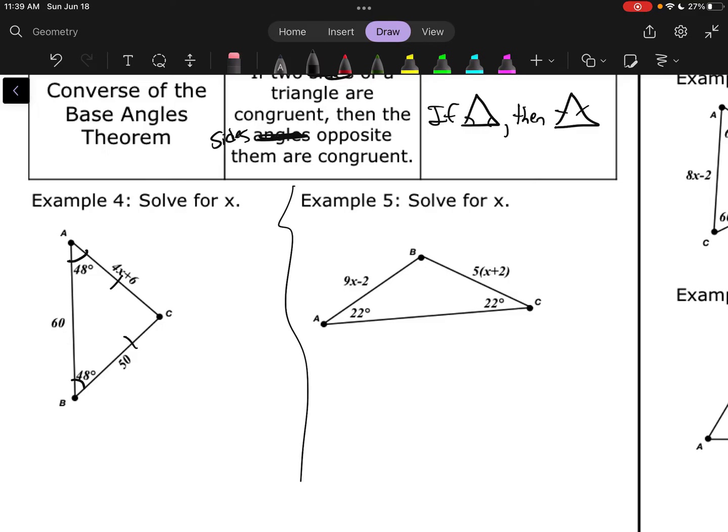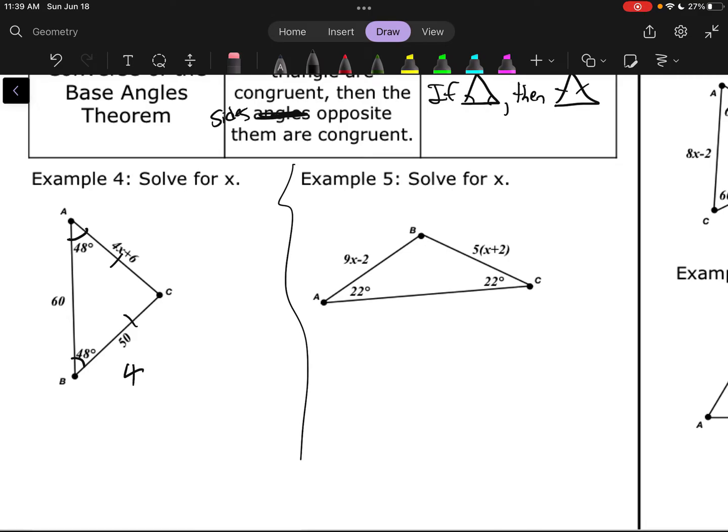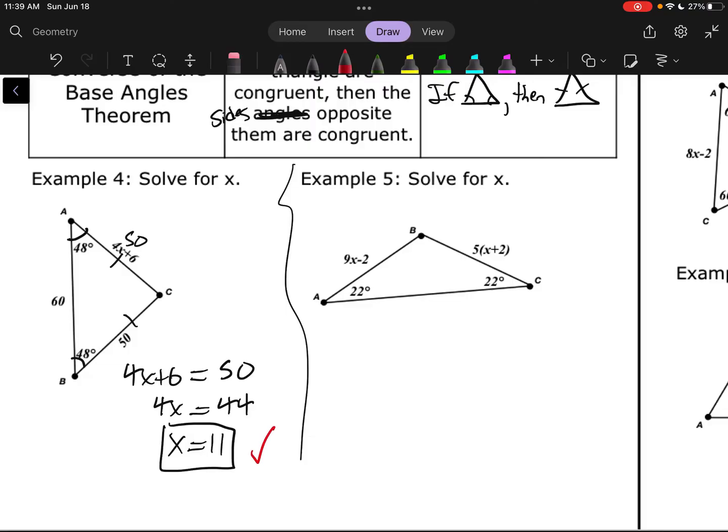So, for example, we could do 4x plus 6 is equal to 50. Subtract the 6, we get 4x is equal to 44, which means that x is 11. If I plug the 11 back in, 4 times 11 is 44, plus 6 is 50, so that looks good.